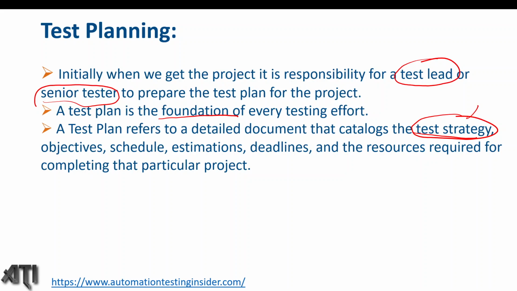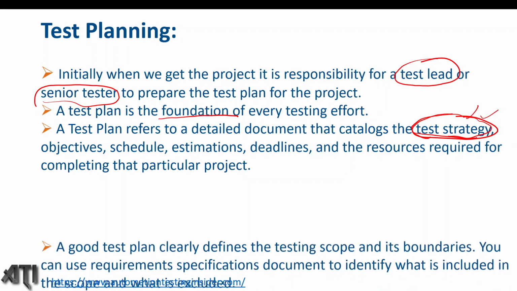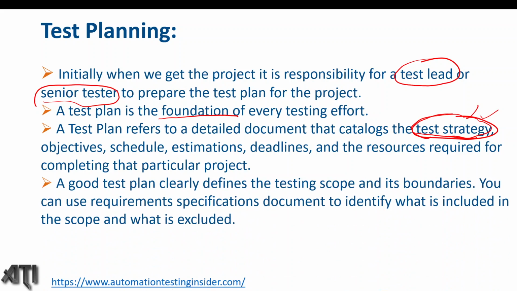And in a small project, this is a section of the test plan itself. So test strategy is part of the test plan in small projects. I'll create a separate video on test strategy as well, and talk about the difference between test plan and test strategy.